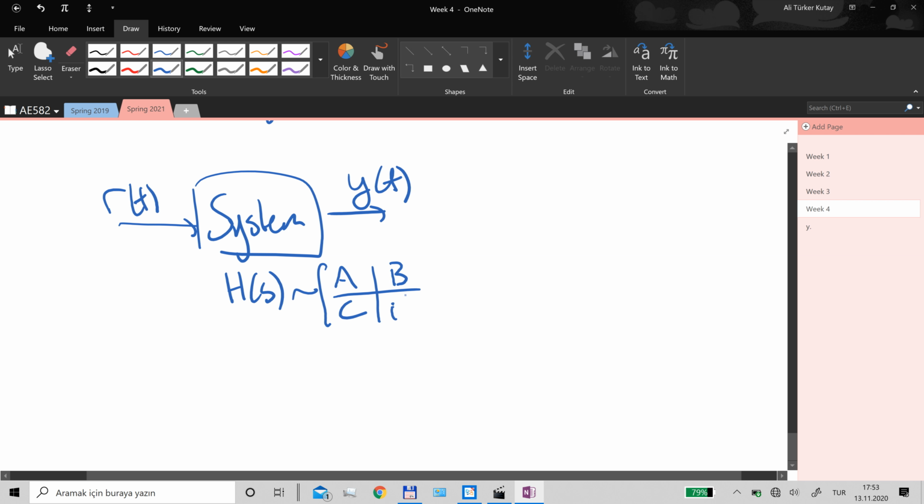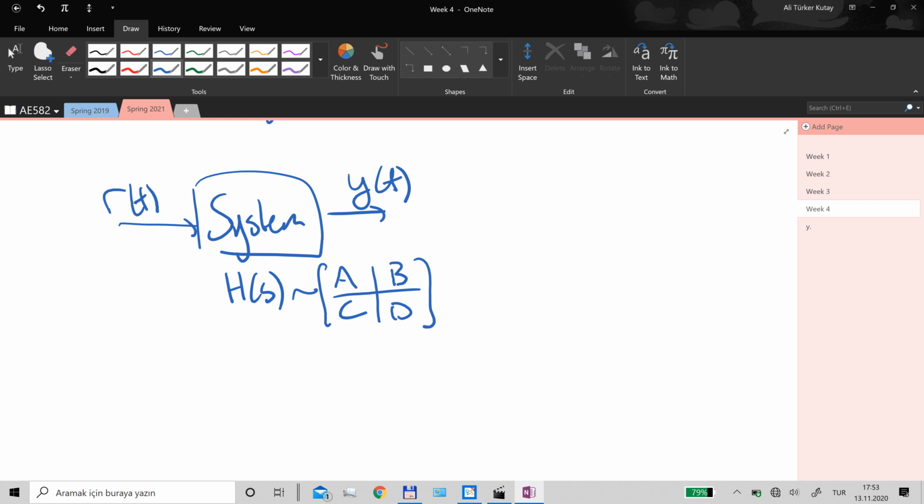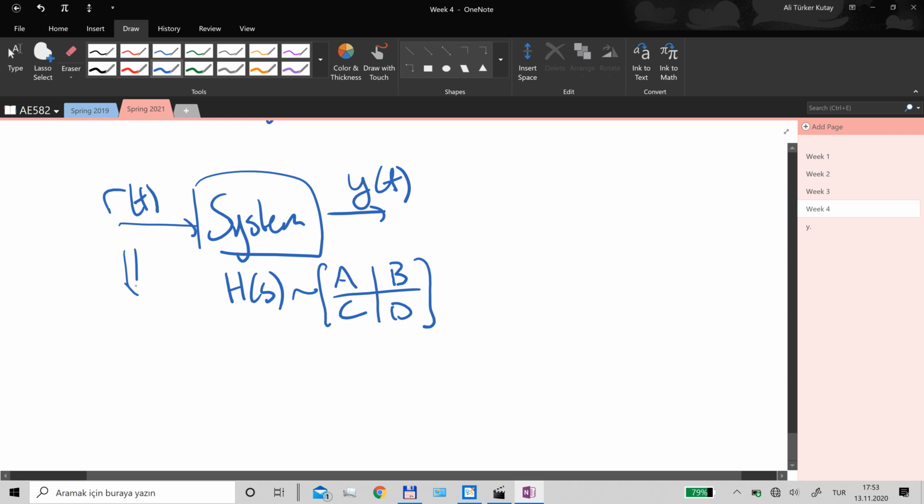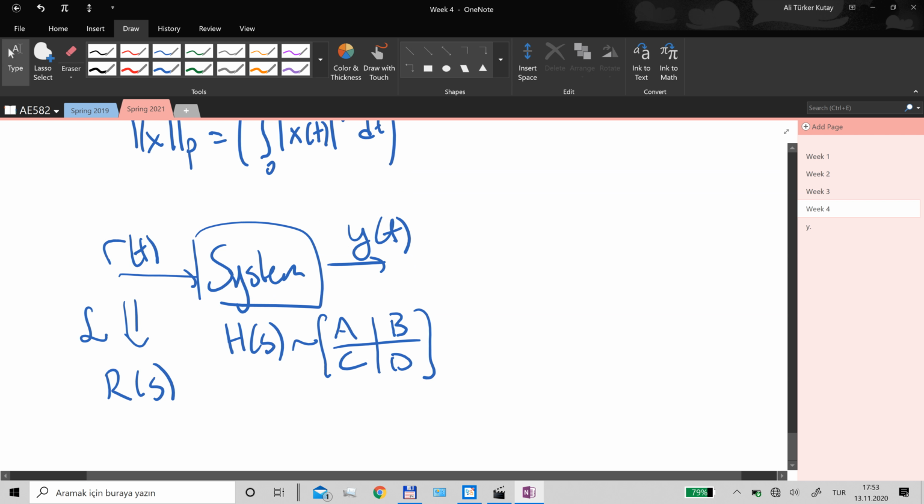You can define the norm of your input signal and the norm of your output signal. You can do this in the time domain, or you take the Laplace transformation of your input and output signals, which produces complex signals, and calculate the norms of your input and output signals in the complex domain as well.